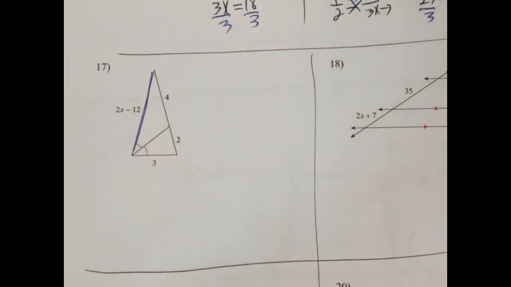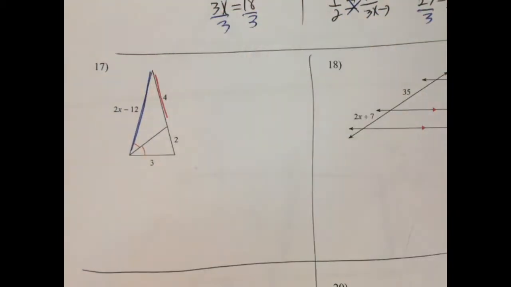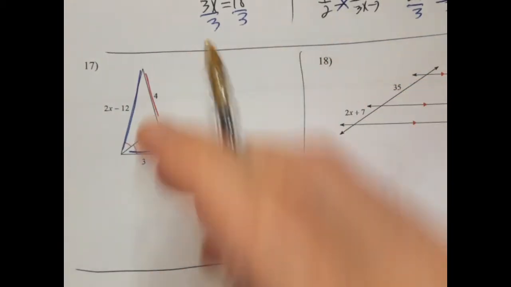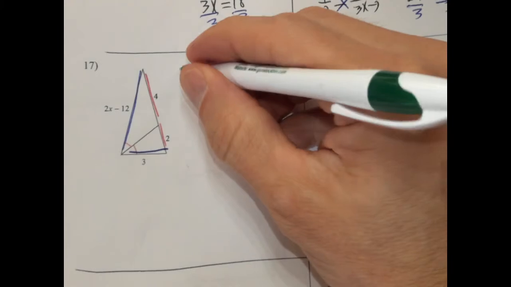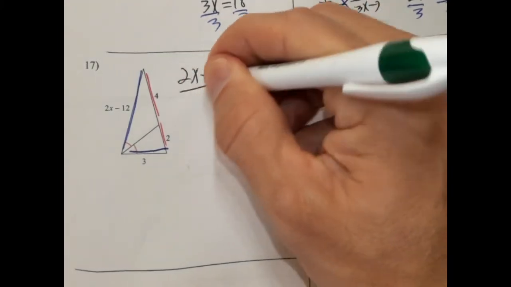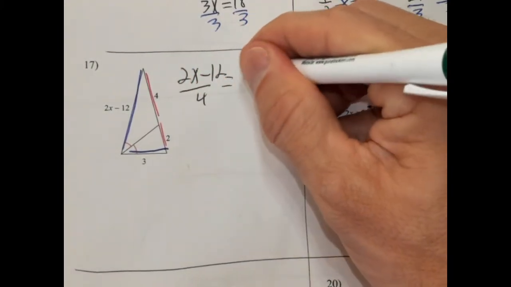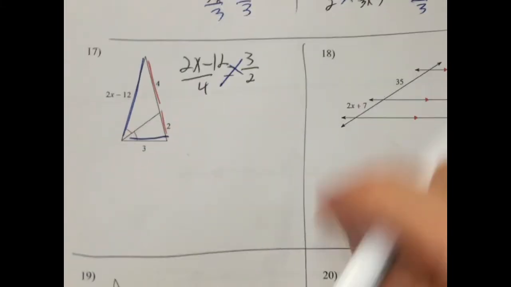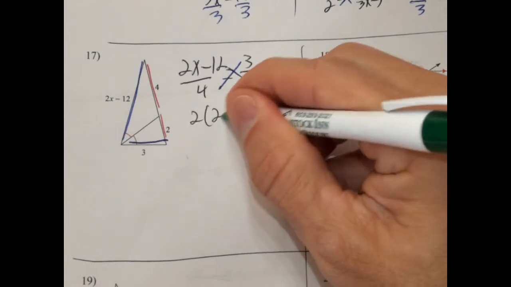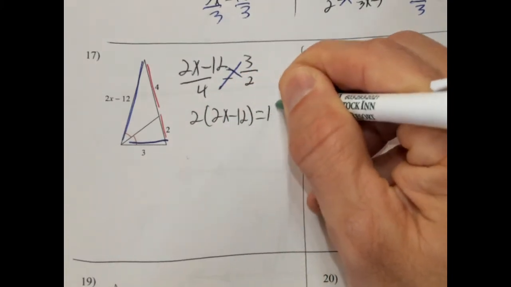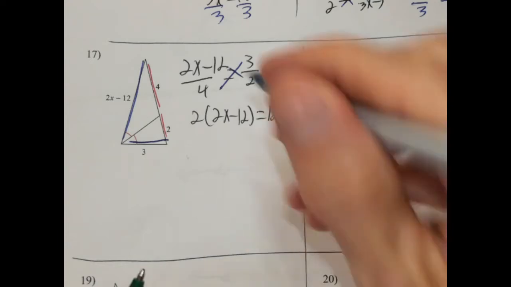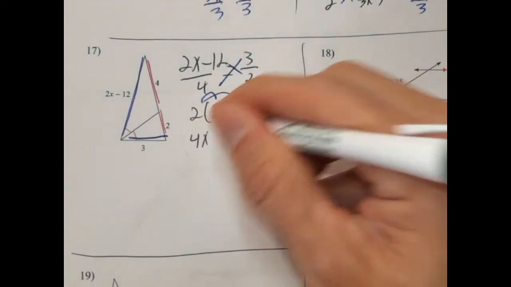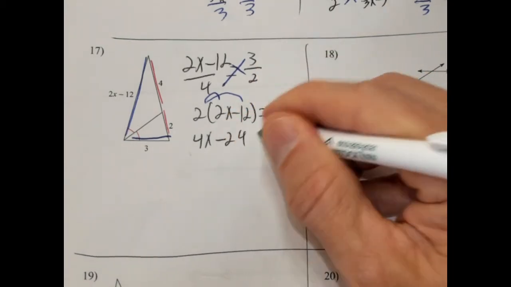So blue over red is equal to blue over red. So 2x minus 12 over 4 is equal to 3 over 2. We're going to cross multiply here. 2 times 2x minus 12 equals 12. And we're going to distribute. So 2 times 2x is 4x. 2 times negative 12 is negative 24.